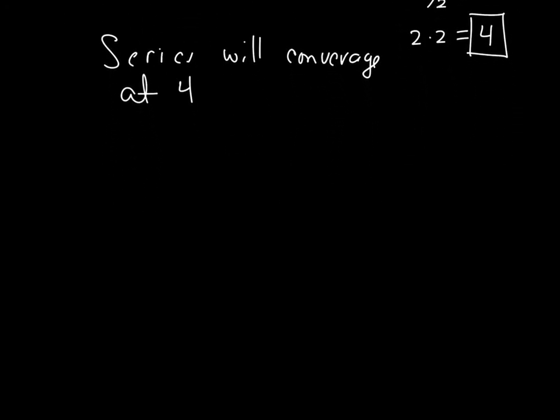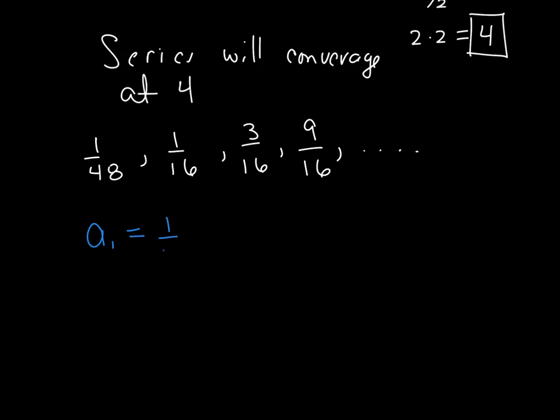So we'll look at another one. Let's say I have another piece with this, and it's 1 over 48, 1 over 16, 3 over 16, 9 over 16. And I want to know if we can find the sum of this infinite sequence. So I start off with saying a1 is equal to 1 over 48.